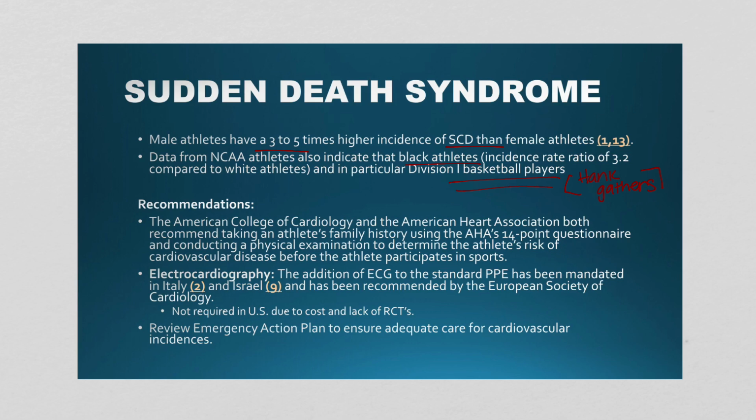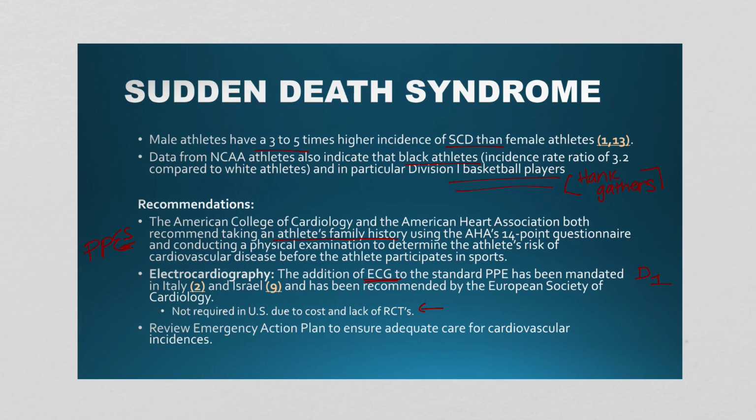Number one, our PPEs, our physical exams, are going to be extremely important here. Family history is going to be key. The other thing that we started to do is screen the heart with an electrocardiogram. This has been added to most D1 institutions, but it appears that we might see it being more required of schools.